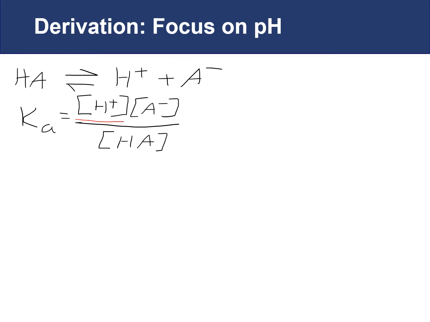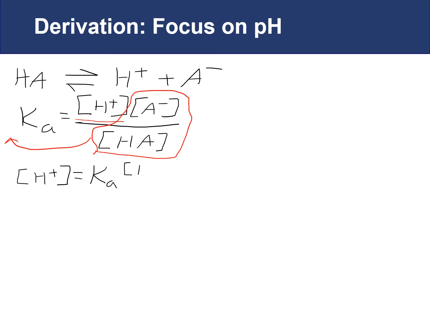H plus is equal to Ka. Then to move our HA and A minus to the other side, we divide by the ratio, which gives us Ka times the concentration of HA over the concentration of A minus.